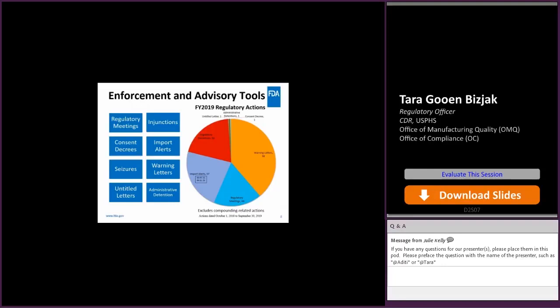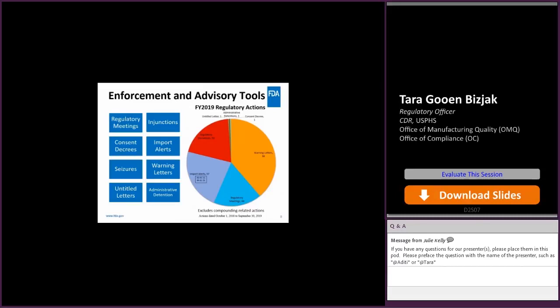And you can see that the majority of our work is in warning letters and regulatory meetings, both after an inspection, and then import alerts can be an outcome of a violative inspection as well, where drug product is prevented from entering the country for foreign manufacturers.